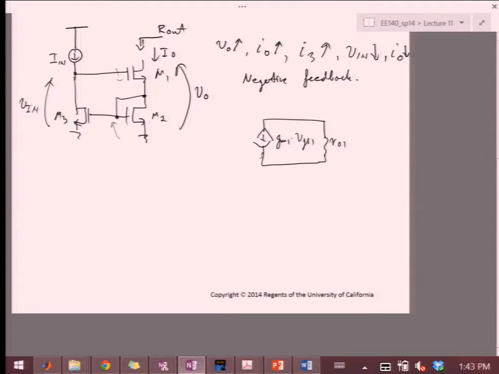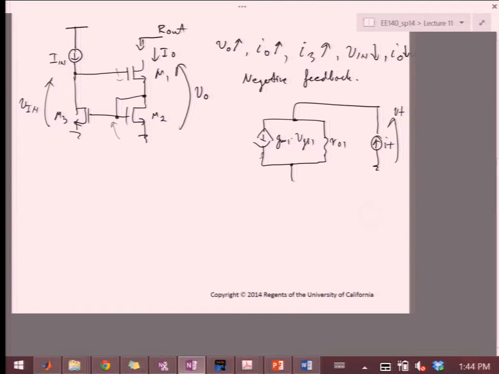We have RO1, and then we're going to apply I test and measure V test. And then at the bottom of this, what do we have? What is M2? Small signal.